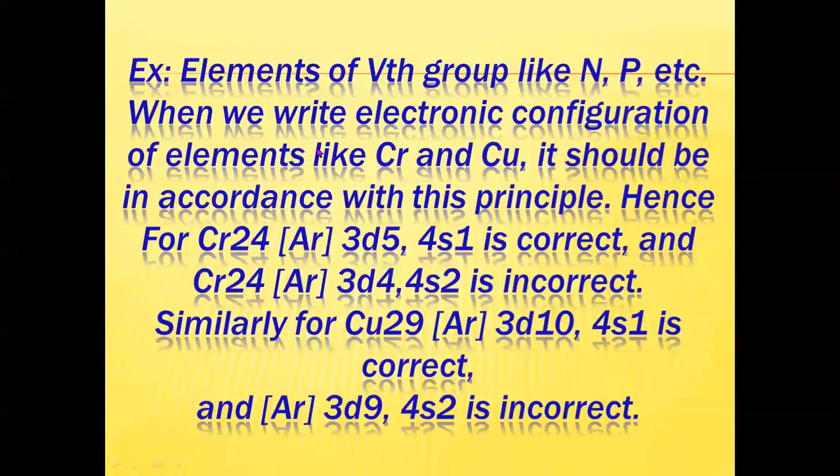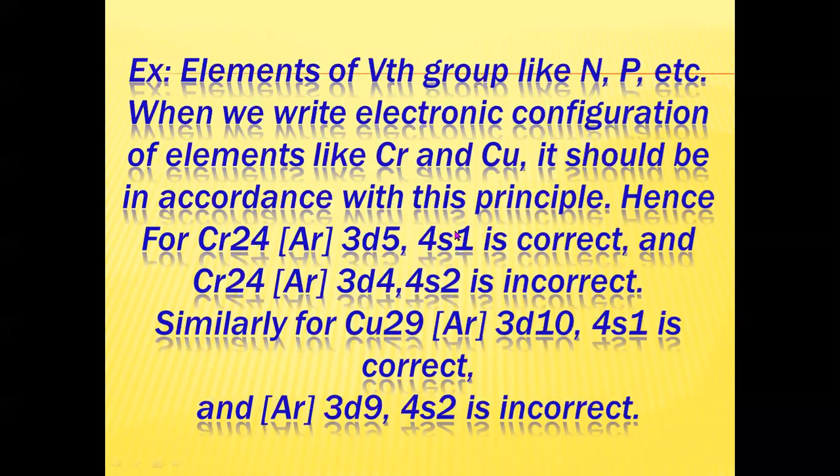For example, chromium and copper from the d block elements, both are metals, and they are stable. They are more stable than the other neighboring elements. Then we can observe the electron configuration. Chromium's atomic number is 24. Here in argon, 18 electrons are filled. So from 19 to 24, six electrons will enter.